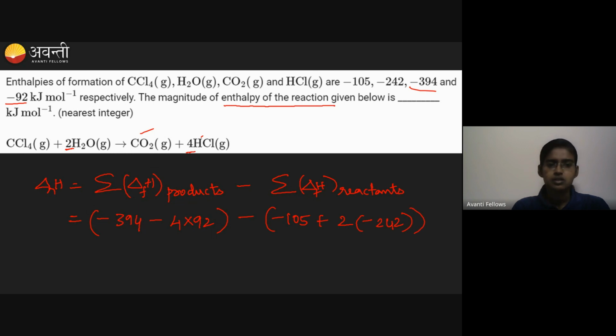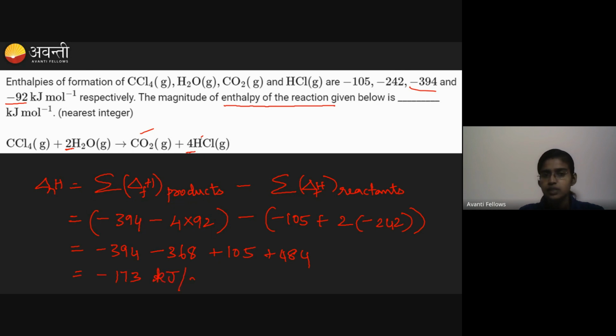Now when we do the calculation, minus 394 minus 368, minus into minus is plus, so 105, and here we will have plus 484. On doing the calculation, we will get minus 173 kilojoule per mole as the enthalpy of the reaction. So the answer is minus 173 kilojoule per mole.